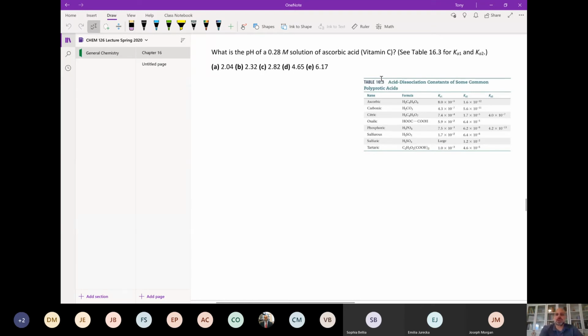We look at ascorbic acid on the chart here. We can see the Ka1 and the Ka2, and you can see there's a larger than a 10 to the 3 difference, so only the Ka1 is going to affect pH.